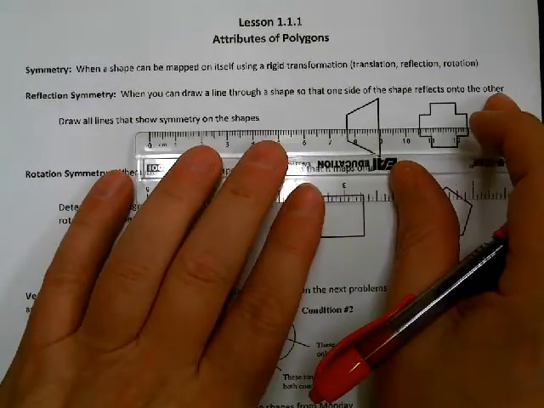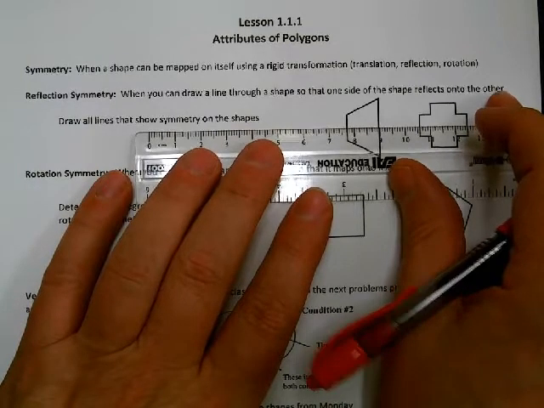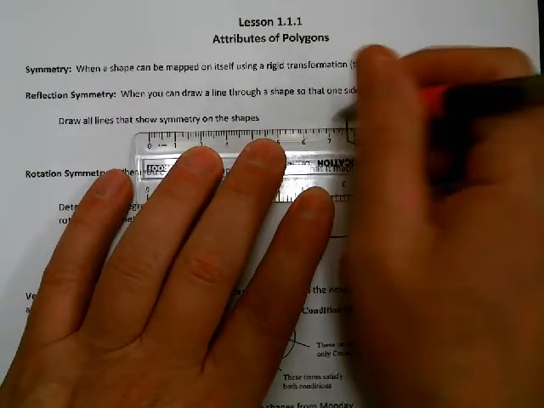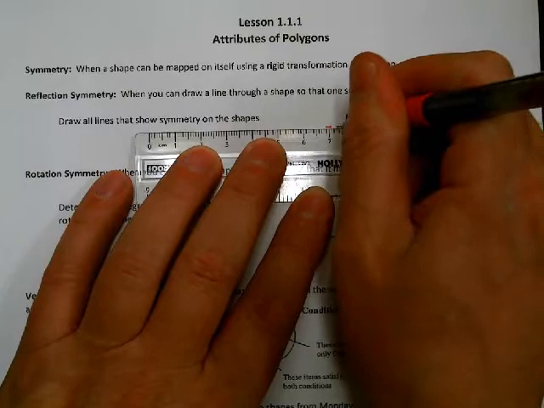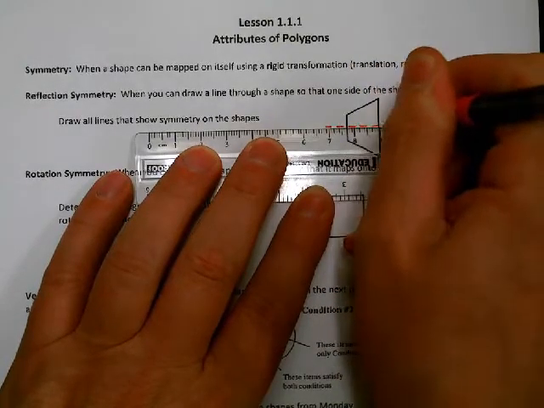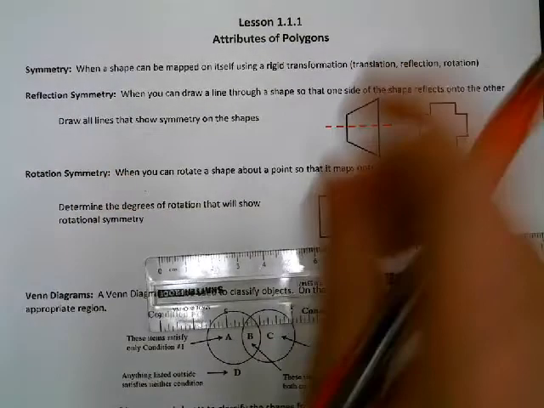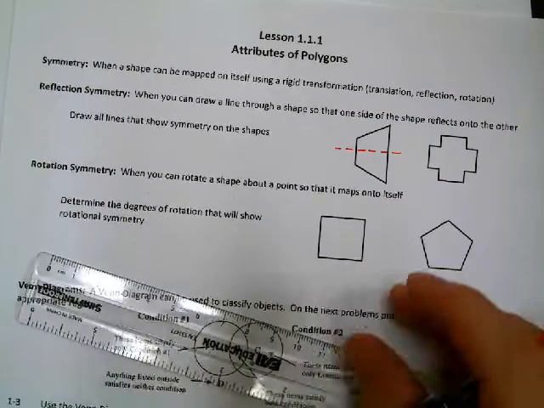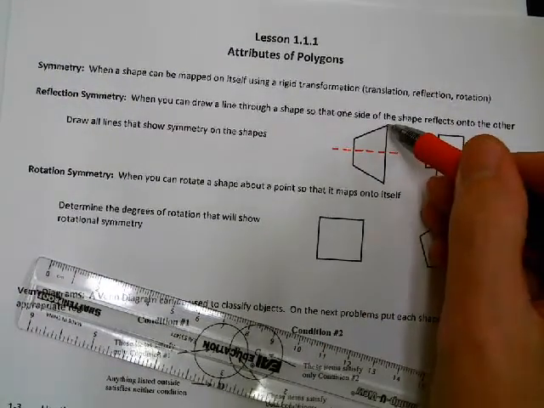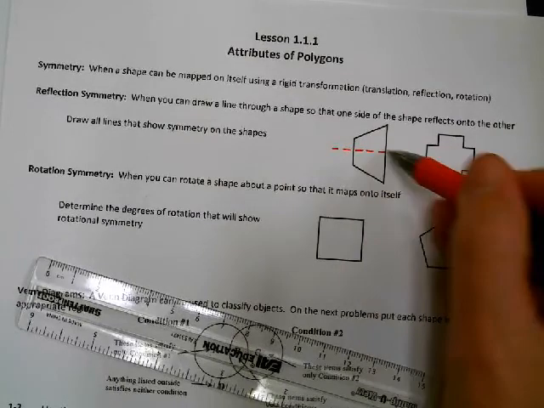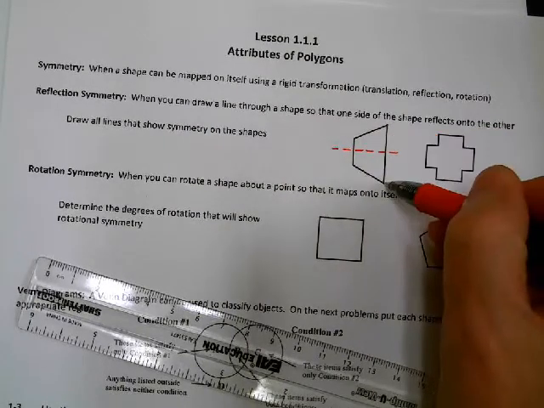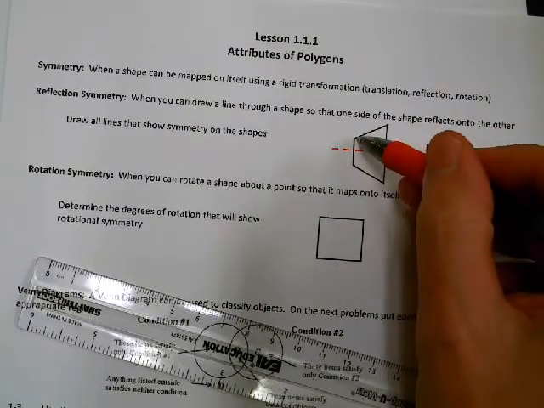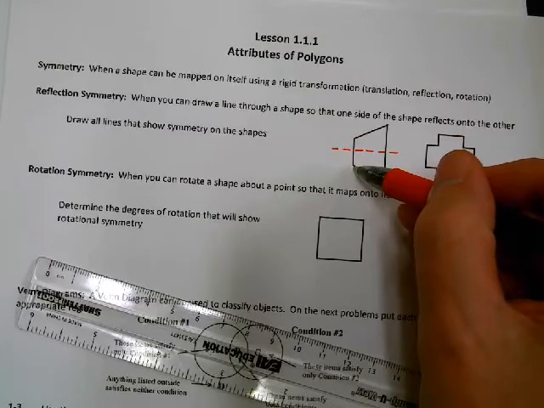So on this one, if I were to make a line going right through the middle of the shape right here, I'll try to get as close to the middle as possible, but you get the idea. Imagine in your mind's eye, if you were to fold it along this line, this point would be on top of this point, and this point would be on top of this point.